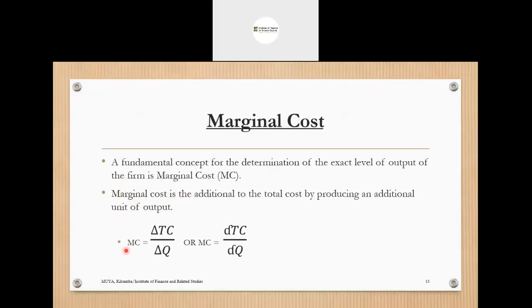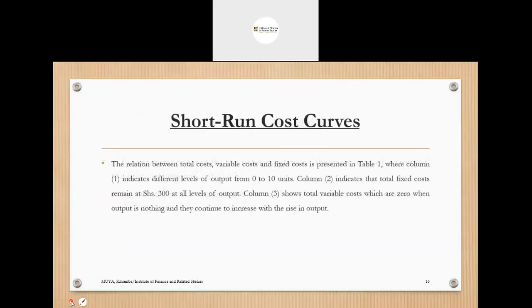There are two ways that we can determine marginal cost, which we abbreviate as MC. It is the change in total cost over change in output, or, depending on the information that we've been given, marginal cost can be taken as the derivative of total cost with respect to output. The formula to use depends on the information given.